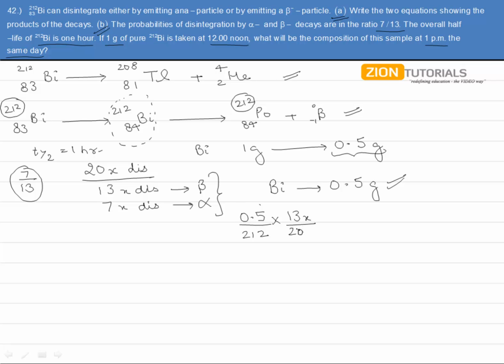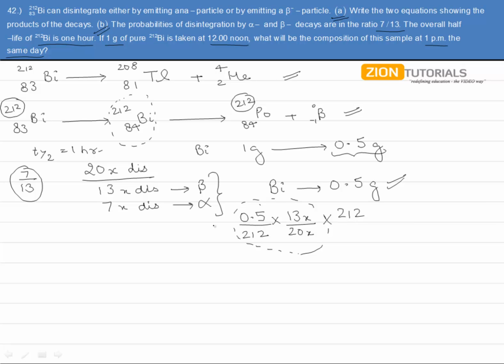Now into 13x by 20x. This gives us the number of disintegrations by beta decay. Now into 212. This is going to give us the mass of polonium that has actually been produced, because you can see that the moles are the same. One is converting into one. The only difference is, rather that is not even a difference in this case, 212 and 212, the mass numbers are also the same.